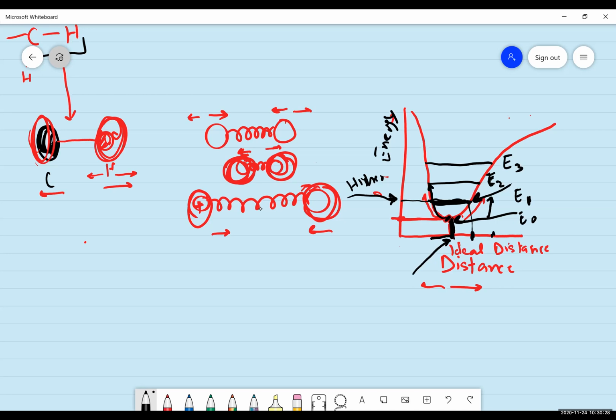So ideally, the molecule wants to have some ideal bond distance, where the repulsive and attractive forces are optimum and it is at the lowest possible energy level, most stable. If the bond is stretched, the distance goes up, which means the energy goes up.